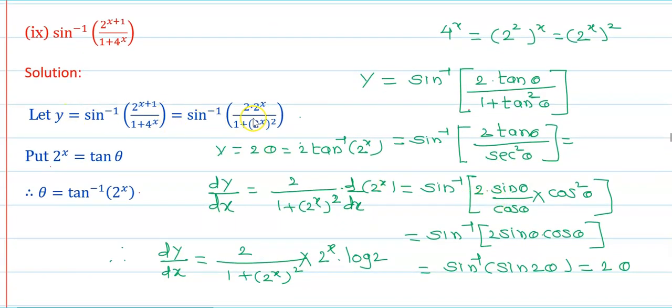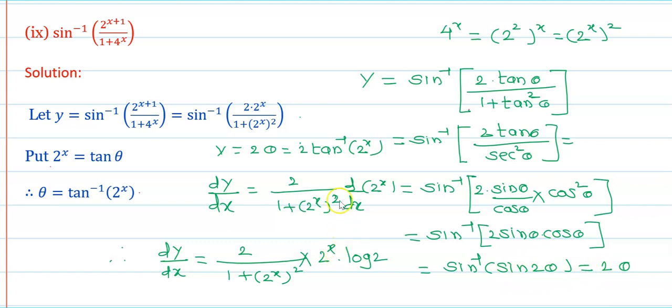y equals sine inverse of 2 into 2^x upon (1 plus 2^x) squared. What's the substitution? 2^x is tan theta. 2 tan theta upon 1 plus tan square theta, where 1 plus tan square theta is sec square theta, its reciprocal is cos square. Tan theta is sin theta upon cos theta. One cos will get cancelled. 2 sin theta into cos theta means sine of 2 theta, that is 2 theta.